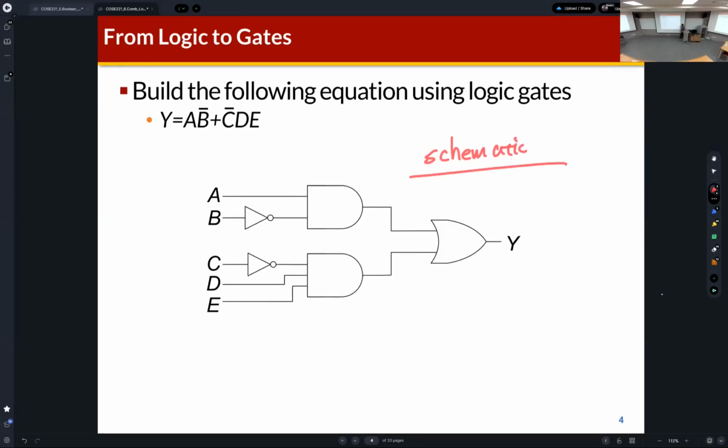Using the basic logic gates like the AND gate and OR gate, we can implement this logic very easily. Right? You can just remember that multiplication represents the AND gate, and addition represents the OR gate. So you can find the AND gate here.